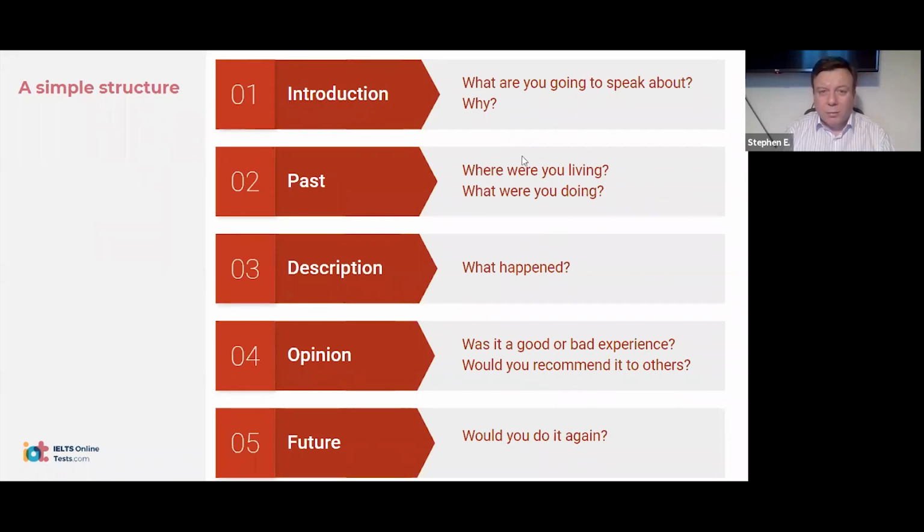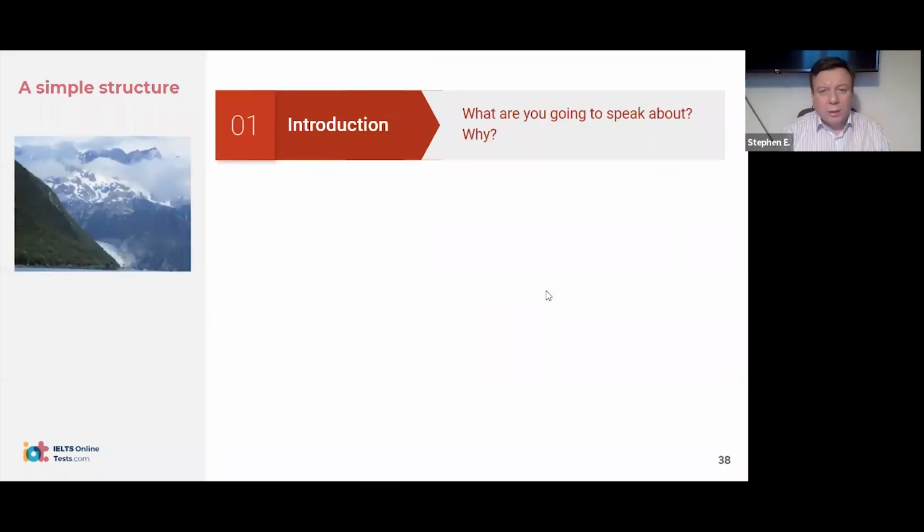Okay. So just take a few seconds to have a look at that. I'll just leave that structure there so you can have a look at it. And then we'll have a look at ours. So let's have a look at the introduction.